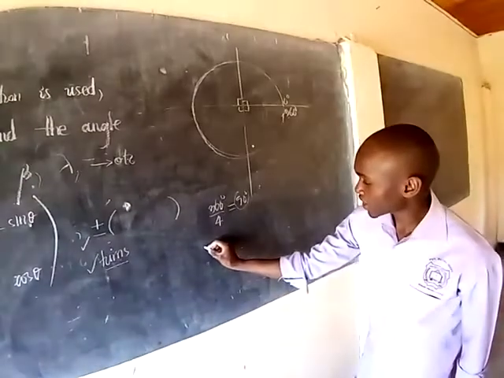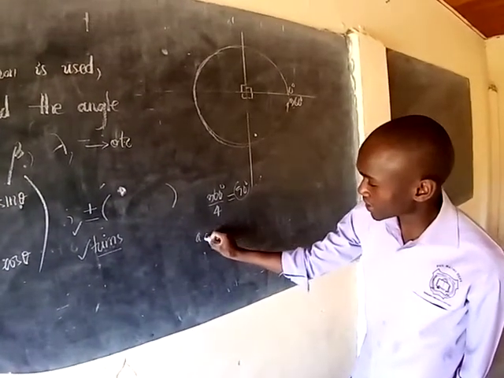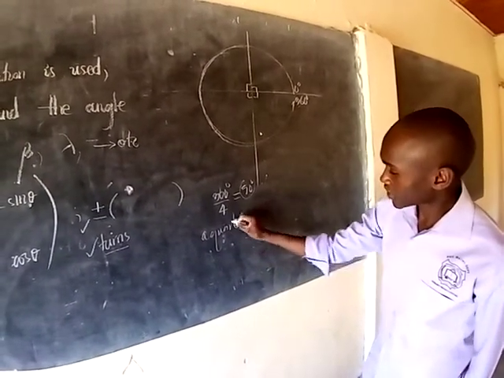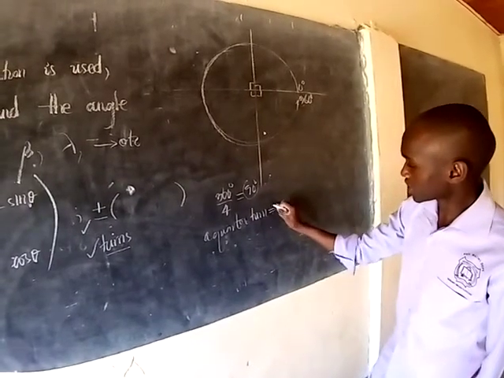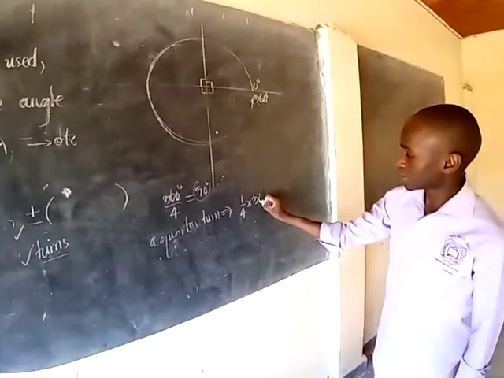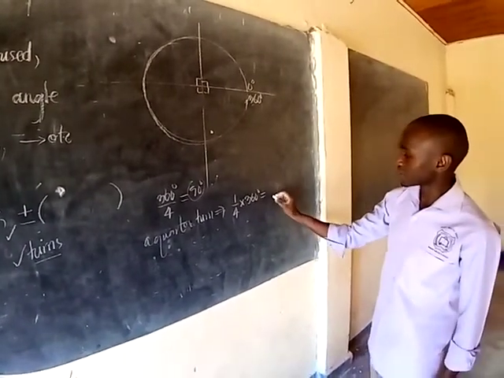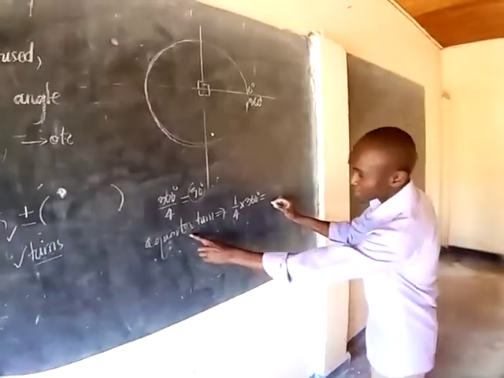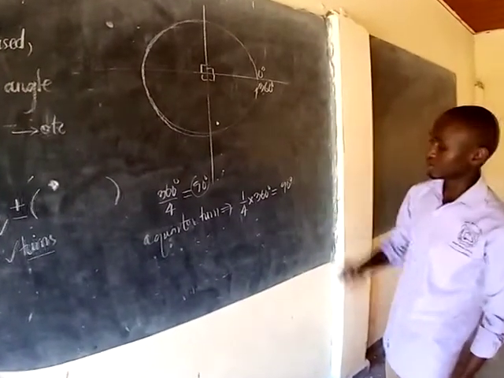That is to say, if someone talks about a quarter turn, it implies that person is talking about a quarter times 360, implying the angle mentioned in this statement is 90 degrees.